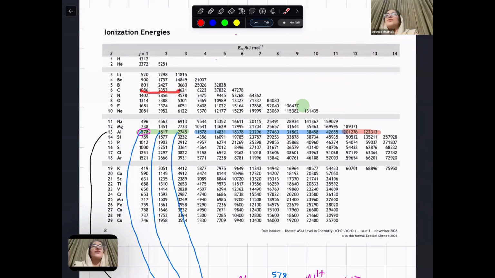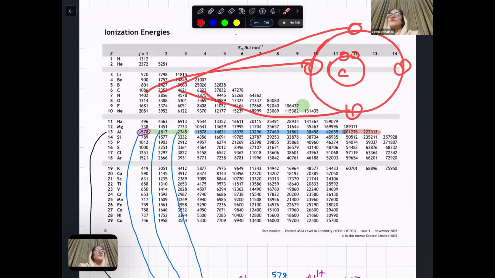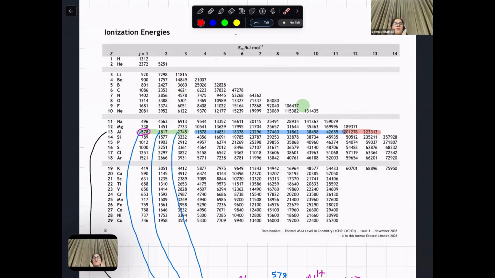Carbon is 2 and 4. First electron at 1,000, 2,000, 4,000, 6,000. But the electron from the inner shell at 37,000. So when there is a sharp rise, the quantum shell is changing, right?